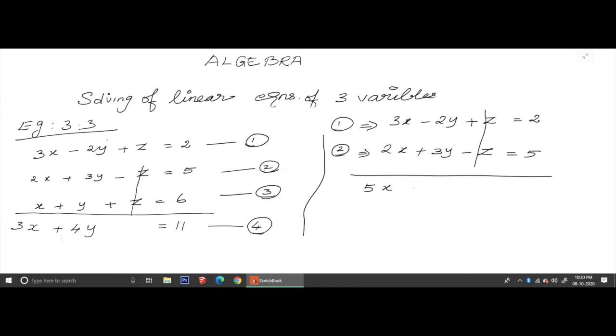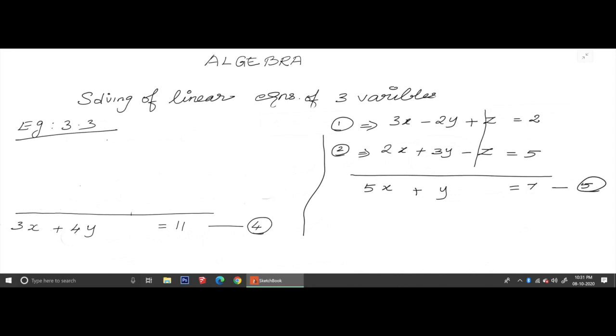Minus 2 plus 3, difference sign. Find the difference. Difference of 2 and 3, it is 1. 3 is plus. So plus 1y, or you can write y itself. That is equal to 7, and have this as equation number 5. Are you clear, ma?